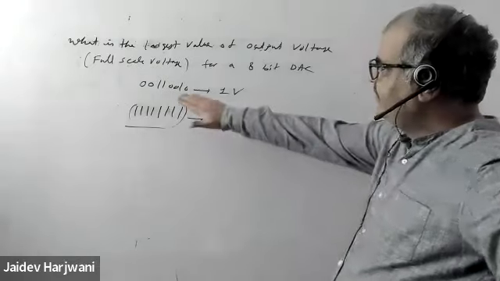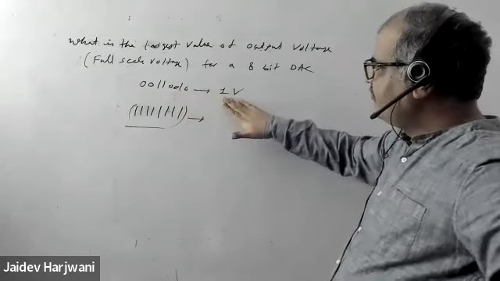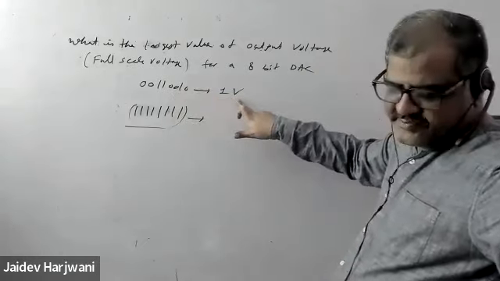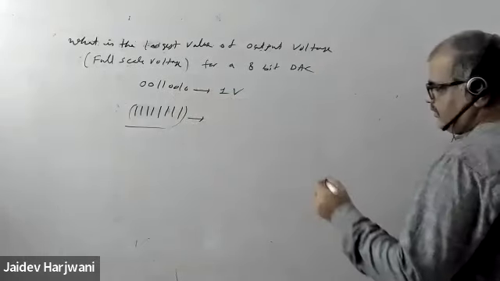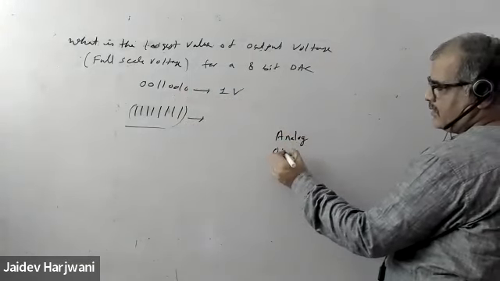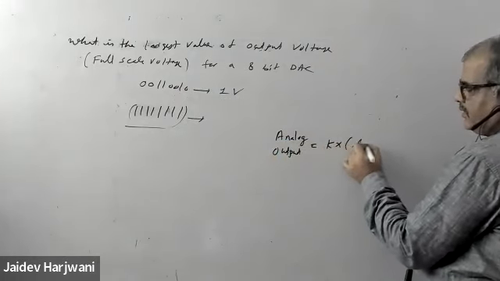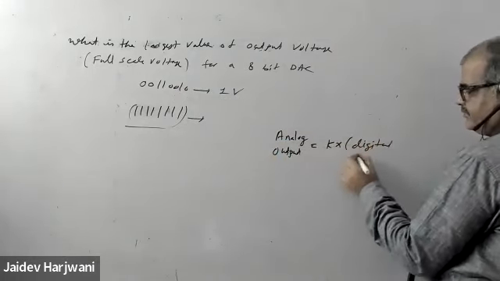You have been given the weight of this binary digital input equal to 1 volt, so you can calculate the weight of the LSB. The analog output is K times the digital input.